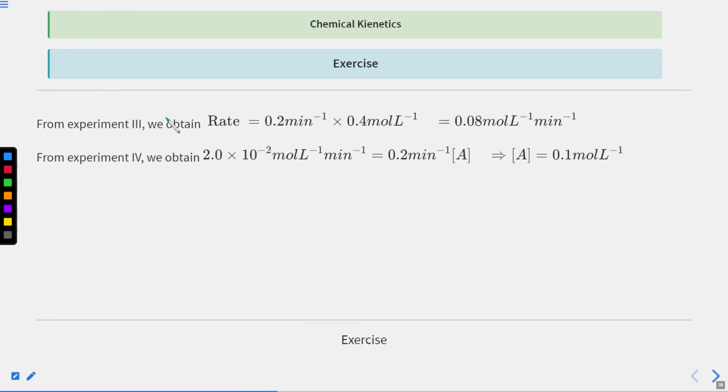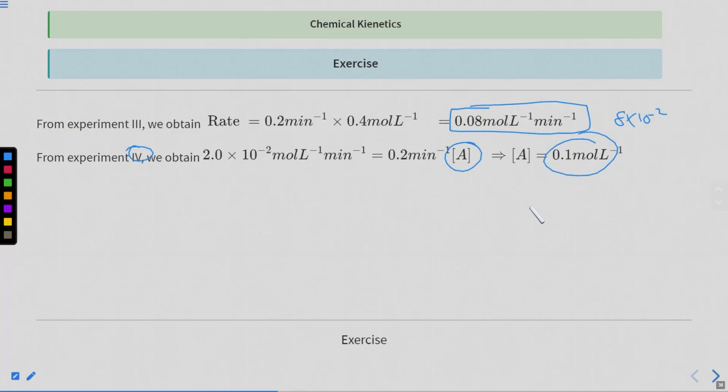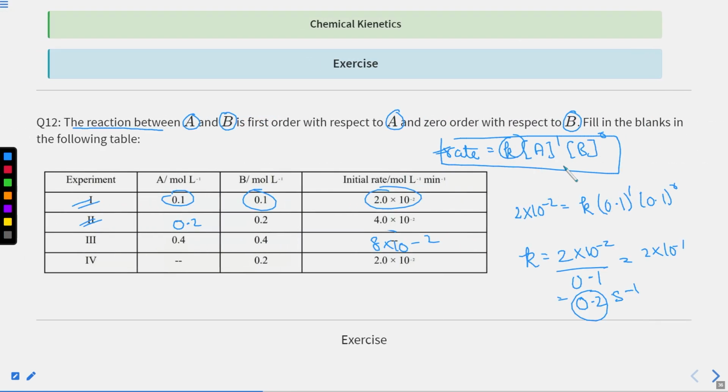Next for experiment 3, the rate of reaction is 0.08, that is 8 into 10 to the power minus 2 mole per liter per minute. Now if I talk about experiment 4, then it would give you A concentration as 0.1. Here I said in the earlier slide that it will be 0.2 per second. No, it will be 0.2 per minute, because we have this as per minute.